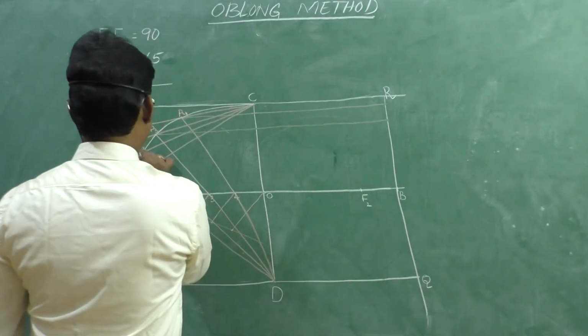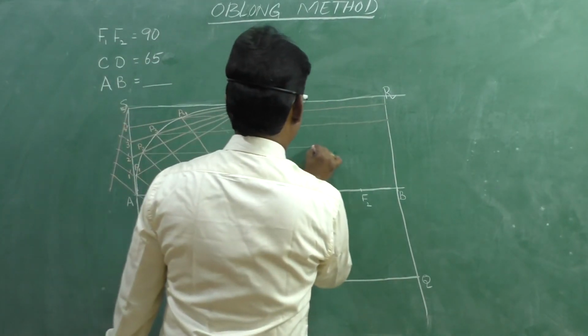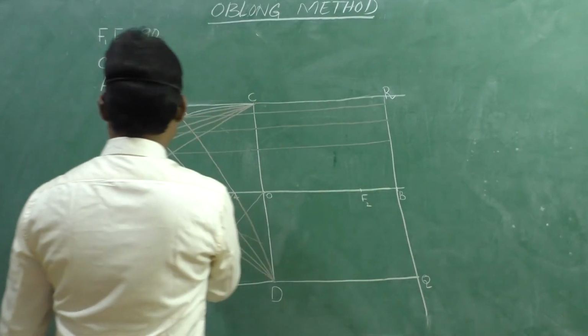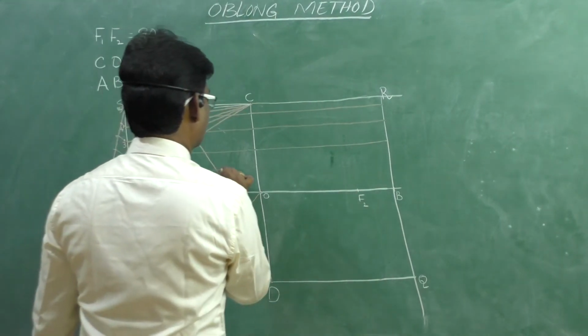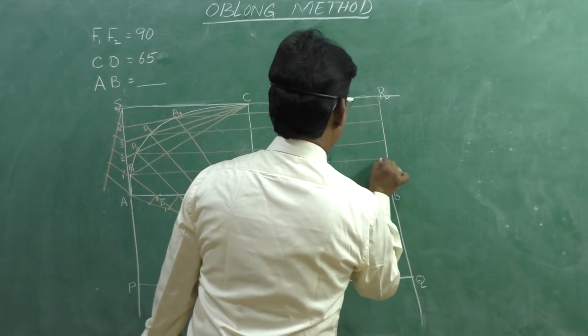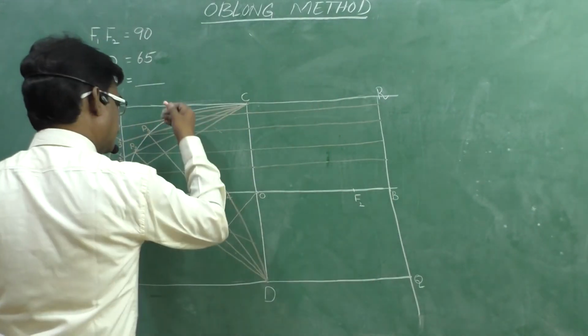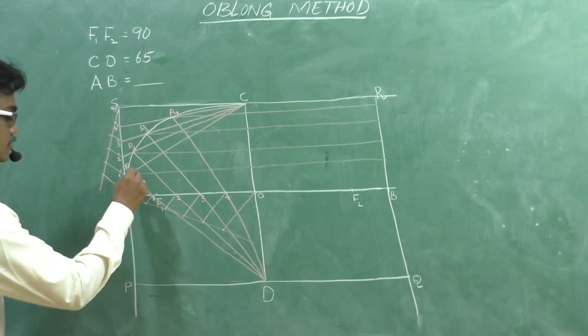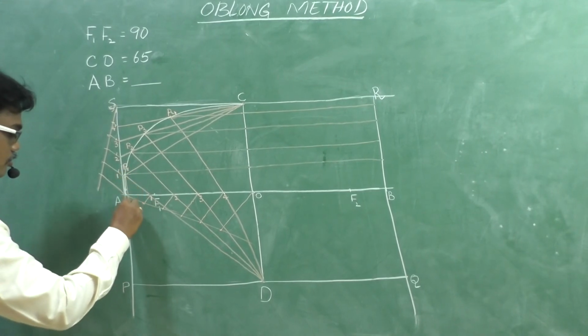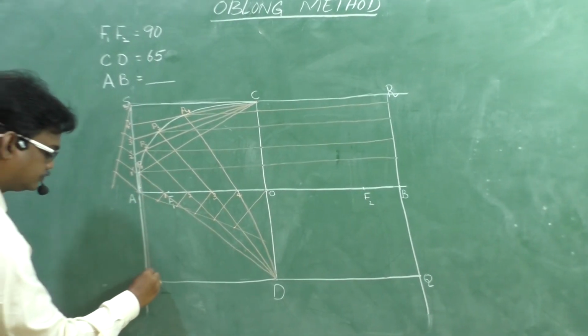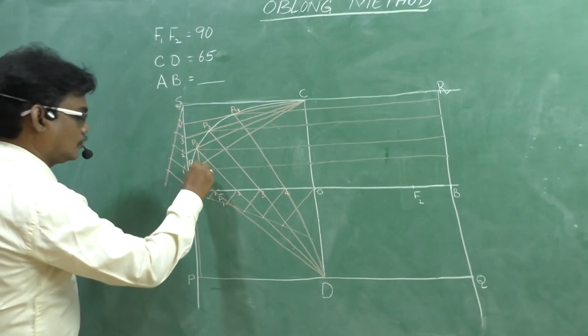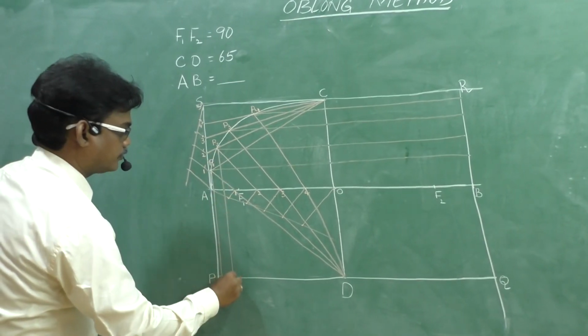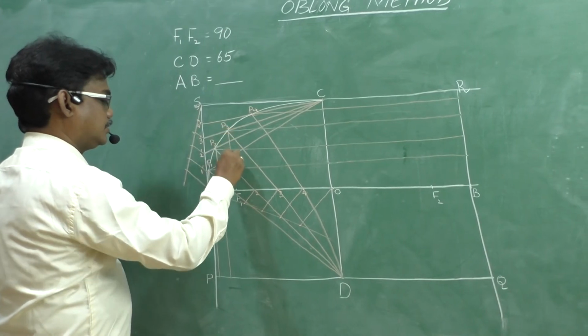Right. With the mini drafter, we can draw the horizontal lines very easily. Right. To take the mirror image downwards, draw the vertical lines from P1, P2, P3, P4.